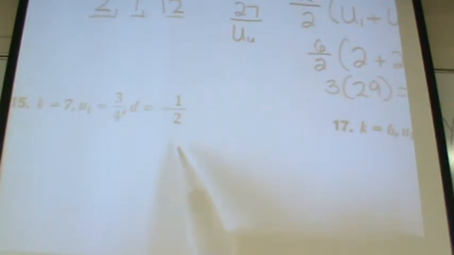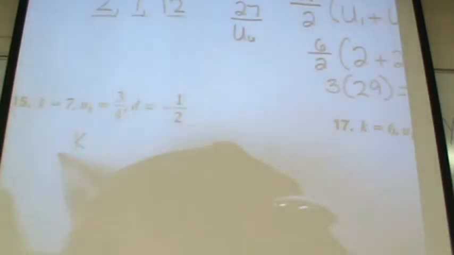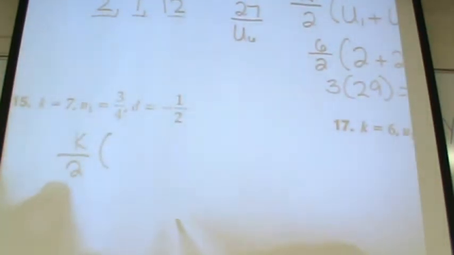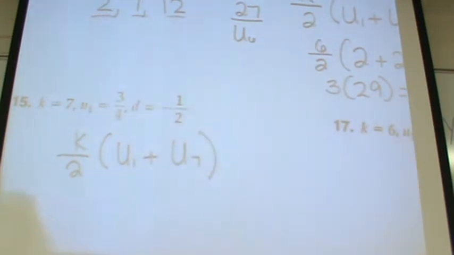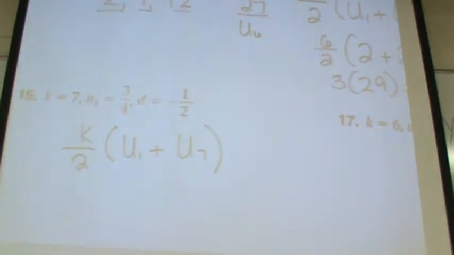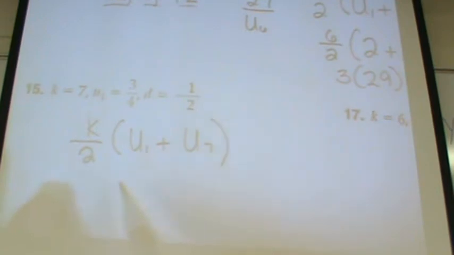So your formula is K over 2 times the first term plus the 7th term. What is the K value? It's 7. The first term is 3/4.